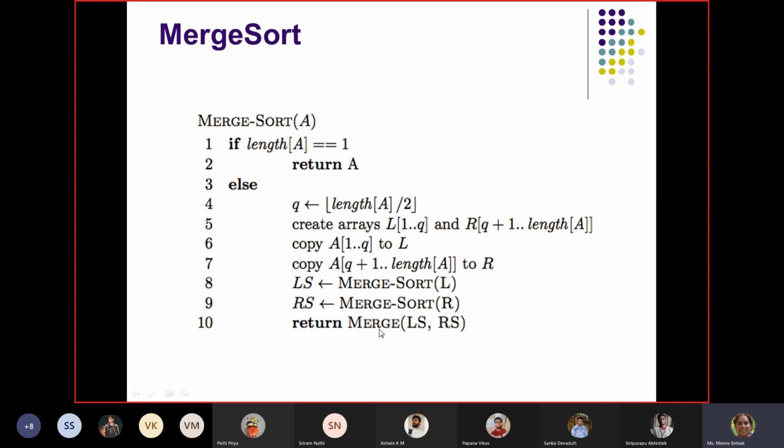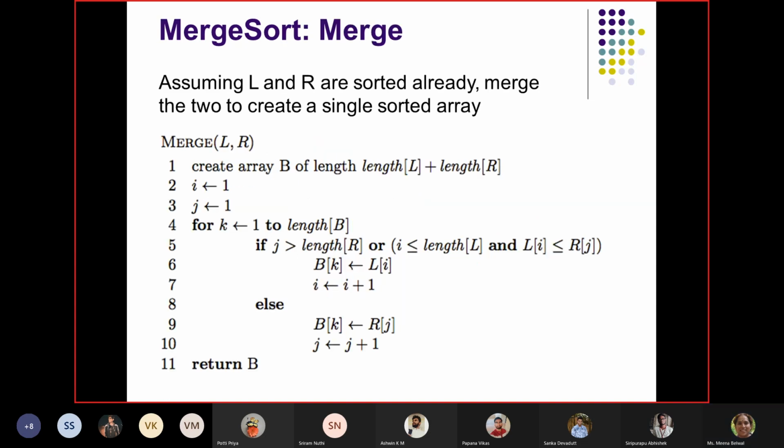Now we have another algorithm called merge. First you have done the division, then you are solving the smallest subproblems L and R, and finally you are combining the solution. For the combine step, assume that L and R are already sorted.